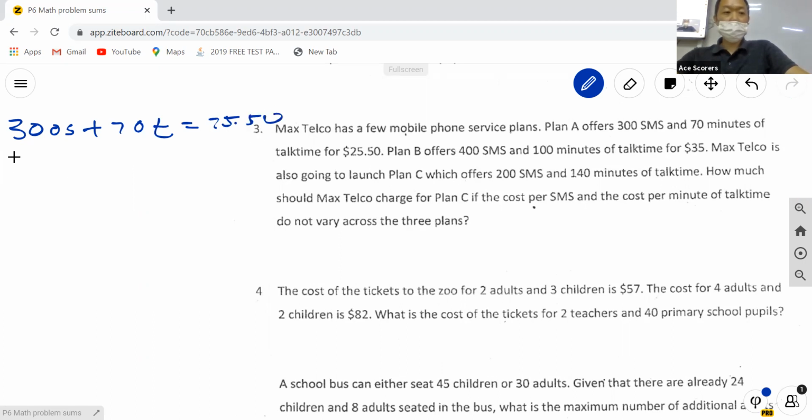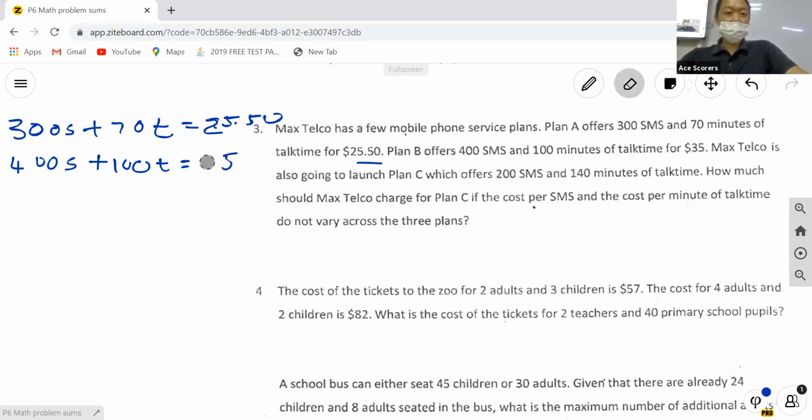B is 400S plus 100T equals $35. Yeah, 35.